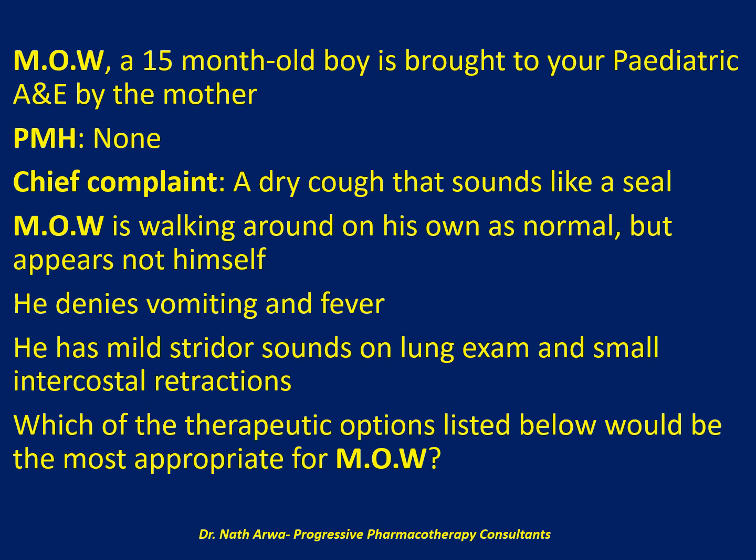He denies vomiting and fever. He has some mild stridor sounds on lung examination and small intercostal retractions. So my question to you is, which of the therapeutic options listed below would be the most appropriate for Master MOW now?